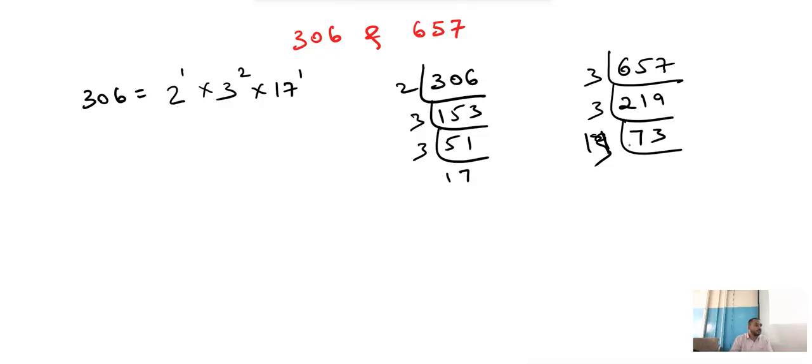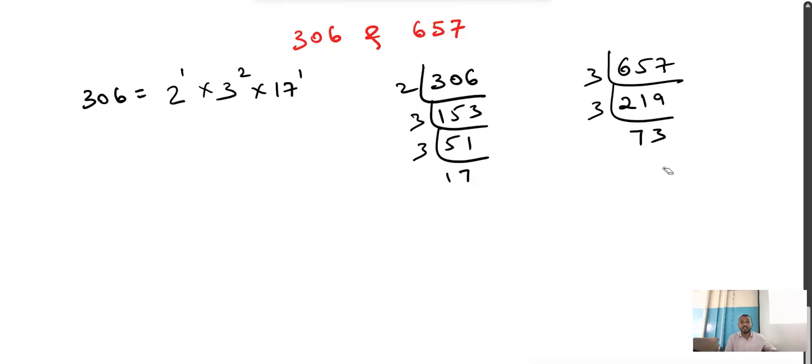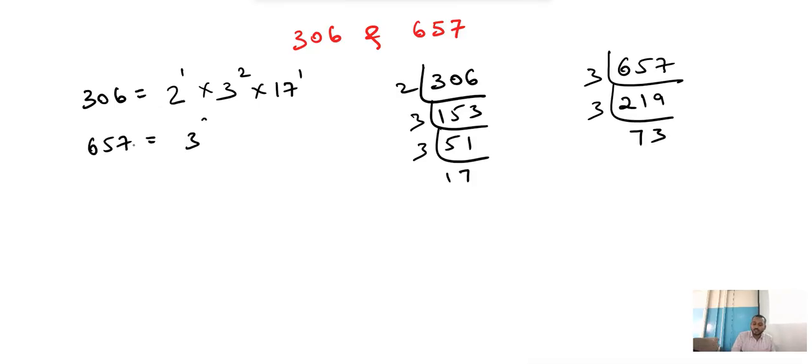Now, my dear students, as you can see, 73 is a prime number. Does it go with the 7 table? No. Sure? Okay, let me try. Anyhow, we'll get to know whether our answer is right or wrong. Next is 657 as 3 square into 73.